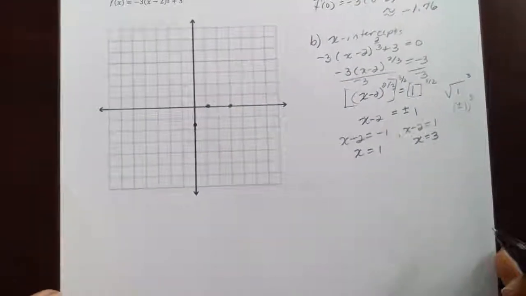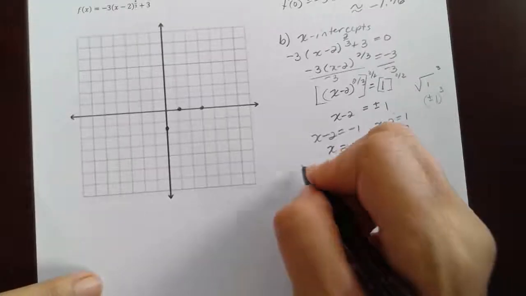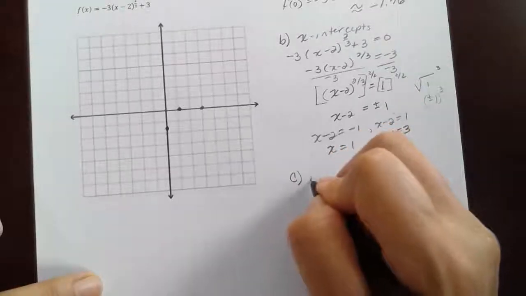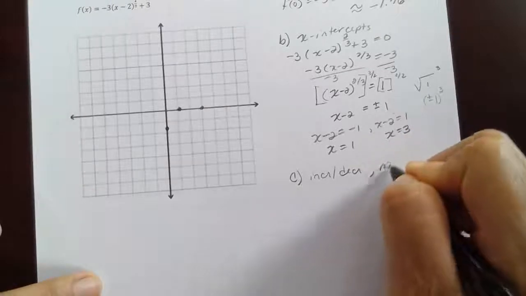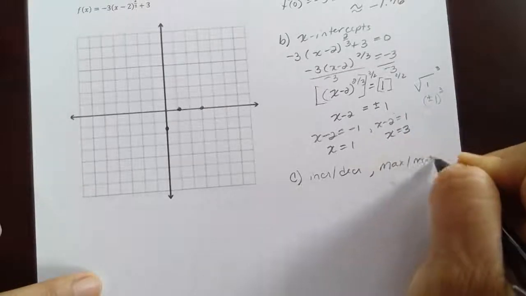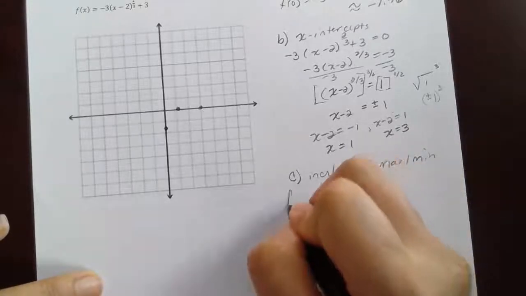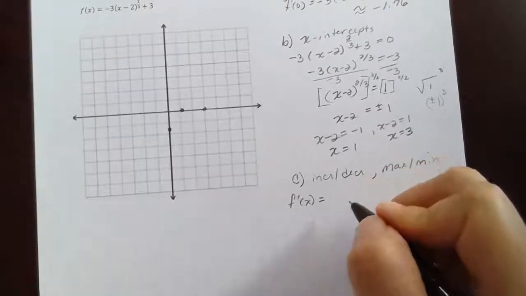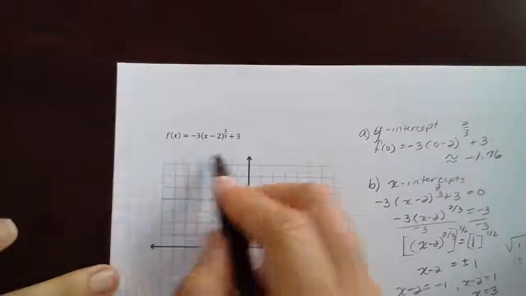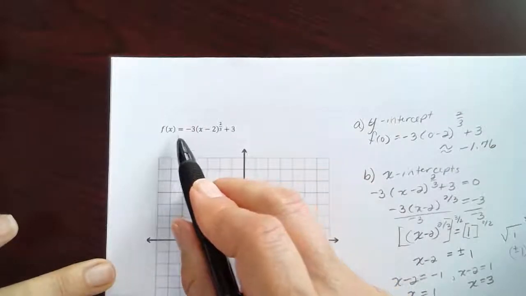For the next step, let's figure out where we're increasing and decreasing, where we might have local max, local min values. So we need a first derivative. Okay, we have a chain rule situation here, right? We do this first derivative, so it's going to be 2/3 times negative 3, which means the 3's will cancel.